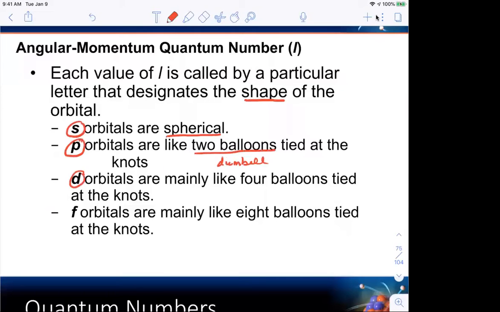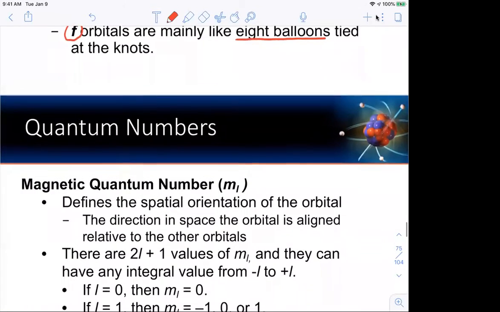D orbitals, think about 4 balloons tied together at the knots, or else it's sort of like a clover leaf. And then F orbitals actually look like 8 balloons sort of tied together at the knots. And that's a much more complicated system. So obviously the S is going to be the lower energy, less complex system. As I increase in energy level, I increase the number or the type of subshell that's available. So you want to think about that as well.